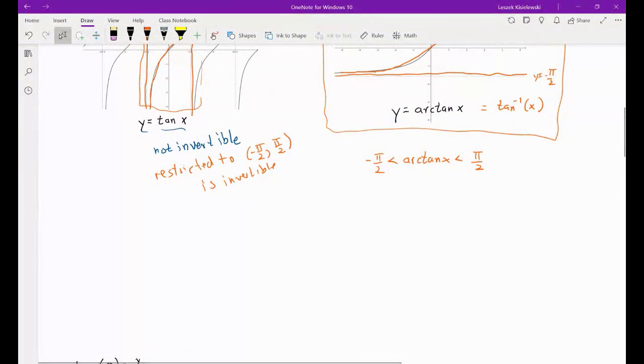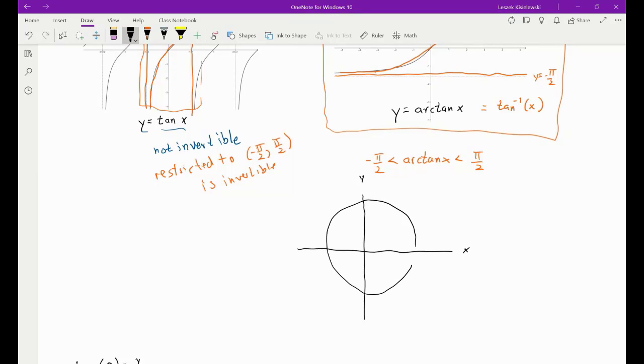In terms of a circle in the xy plane, the angle that arctangent will return is always between negative pi over 2 and pi over 2.